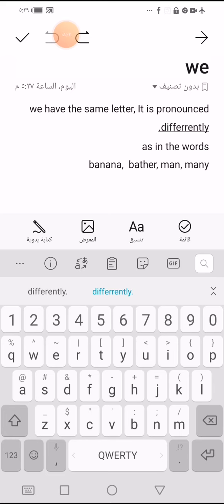It is difficult because of the large number of sounds, 44 sounds, and because of the mismatch between writing and speech, letters and sounds. We are going to suffer, but we are going to get rid of these sufferings by more practice.